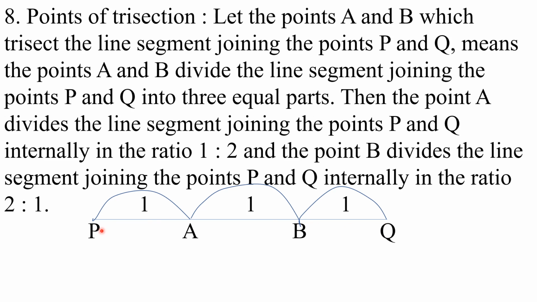Then in which ratio does the point A divide the line segment PQ? So here PA is to AQ. What will we get? 1 is to 2. Similarly, the point B divides the line segment PQ in the ratio PB is to BQ. How many units? PB is 2. 2 is to 1. Understood this point, my dear children? Right.